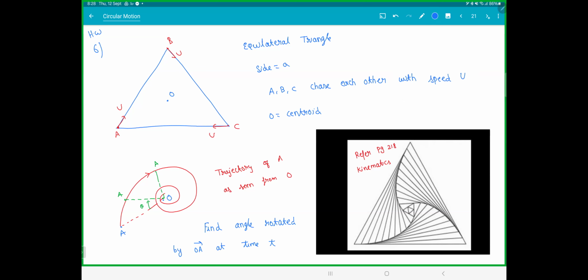How much angle will it rotate in time t? Is the question clear, everyone? This is what makes this an advanced question. We have done this in relative motion there. Try this and come. Next class when we meet, we're going to discuss this first thing in the class. We'll do a few more problems on this.